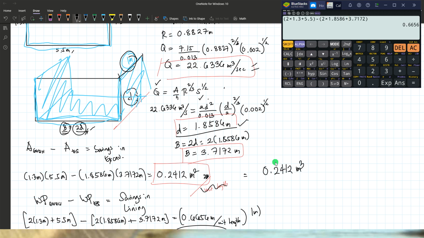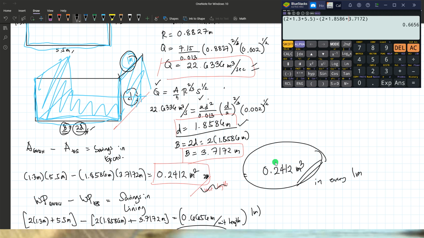Okay, so it means that in every 1 meter we save a volume of 0.2412 cubic meters of excavated soil. Because it matters in engineering, the cost, especially the cost for excavation, is being computed in terms of its volume.